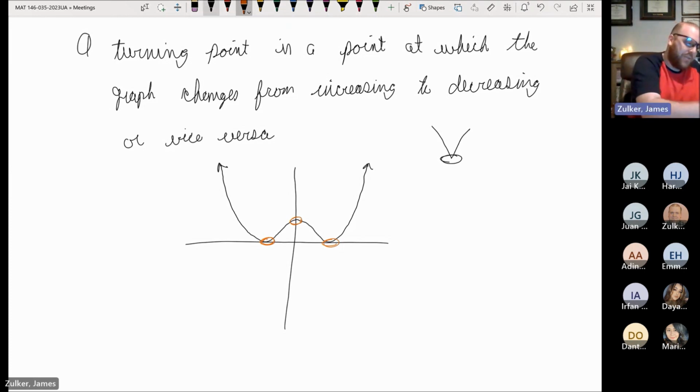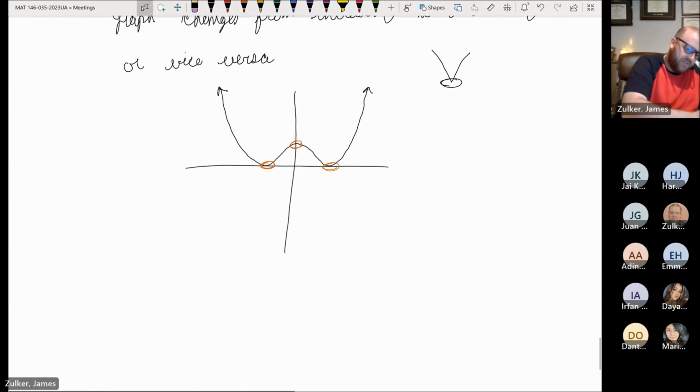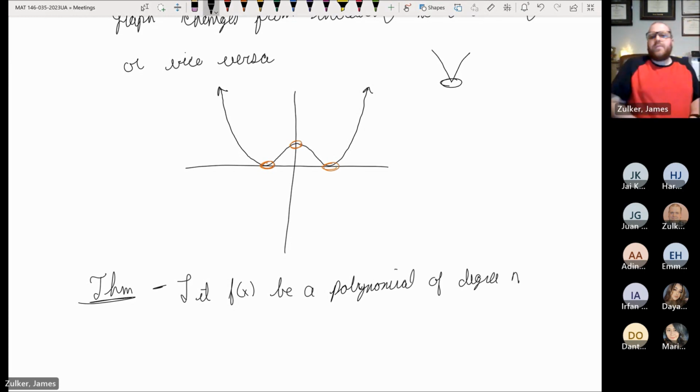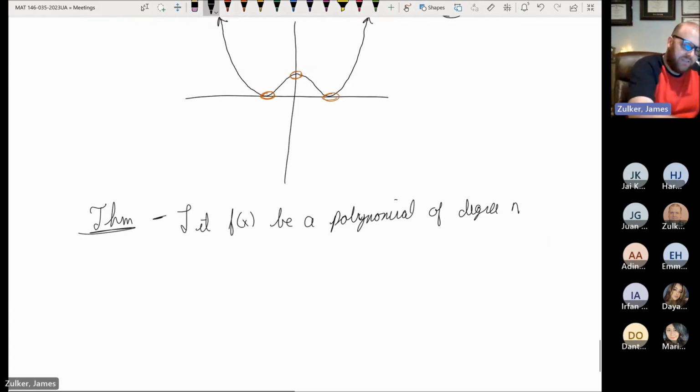So there is a theorem, a result for polynomials, that states: let f of x be a polynomial of degree n.